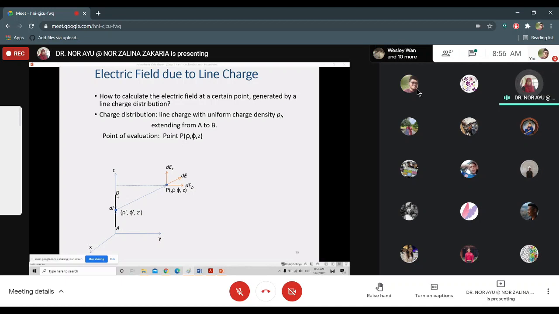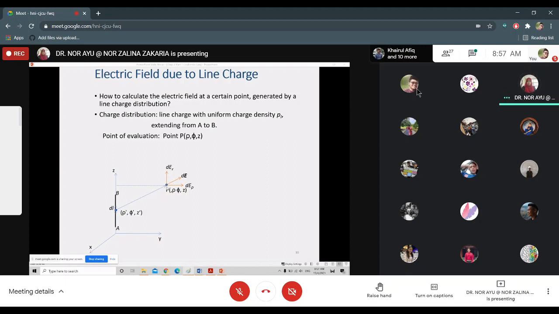Now we have one single line charge, and this line charge will produce electric field intensity in all directions. Now the question wants you to find the electric field somewhere here, denoted as P.